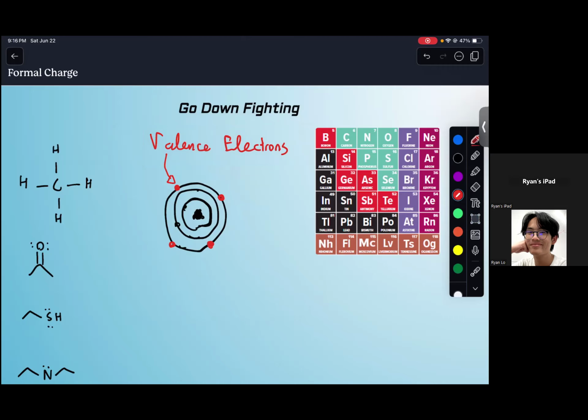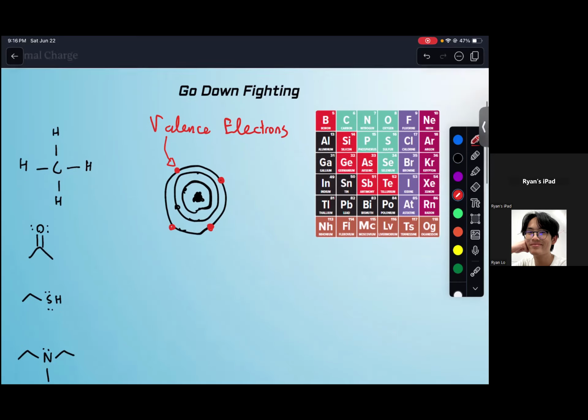These electrons are the ones responsible for bumping into other atoms and forming bonds. As you already know, bonds are basically made of electrons of atoms coming together, holding hands, hugging, whatever, and the atoms will then share those two electrons. So these electrons are the ones responsible for formal charge.